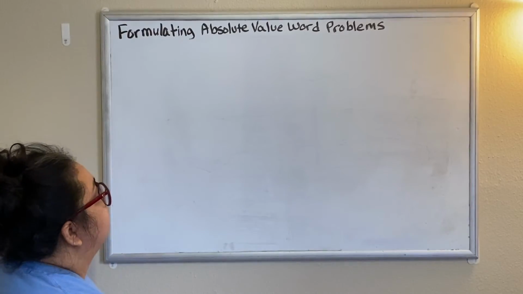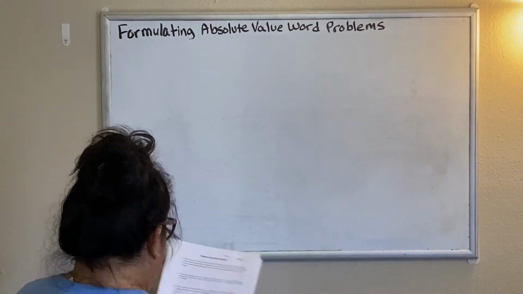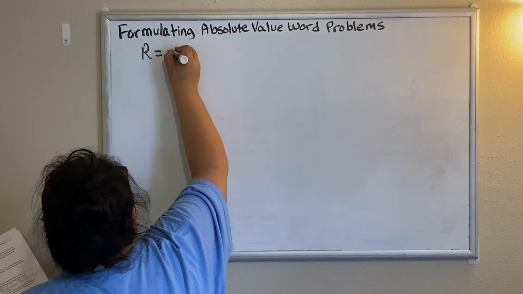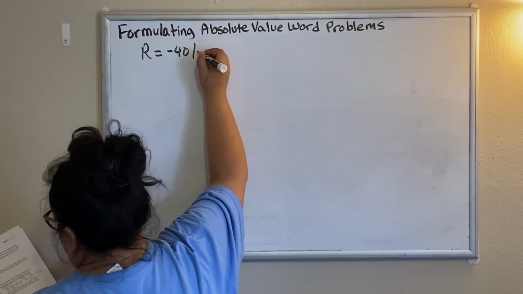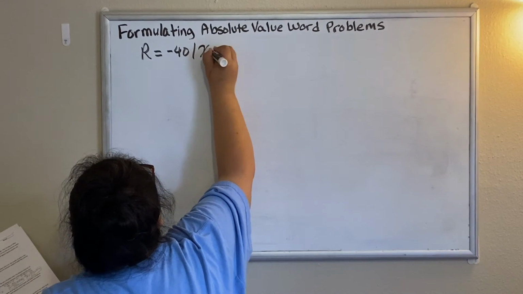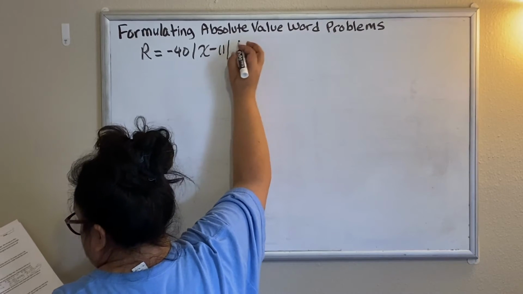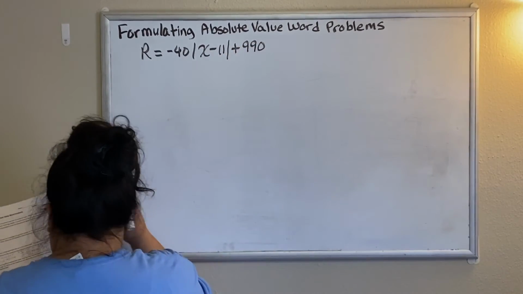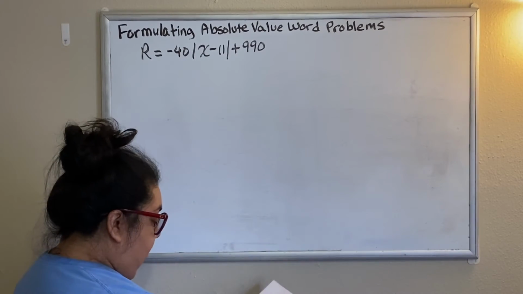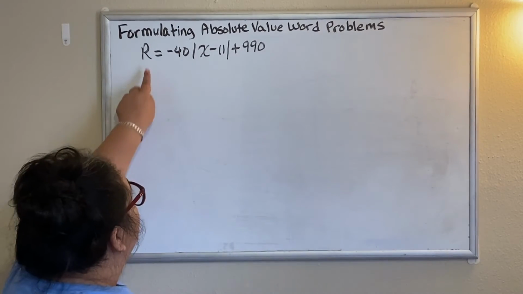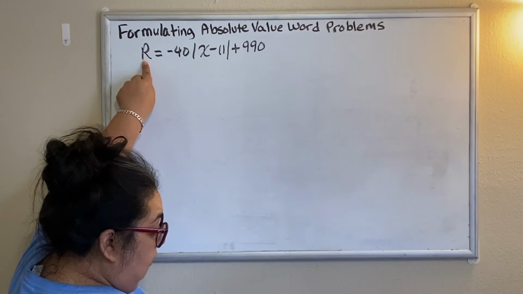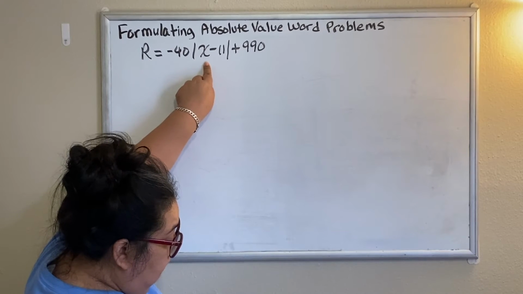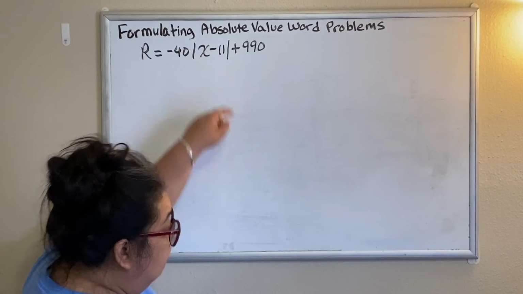Okay, so this gives us a formula. So let's write down that formula. We have R equals negative 40 times the absolute value of X minus 11 plus 990. Now, if we read carefully, it says R is the revenue in millions of dollars, and X is the number of years since January 1st, 1980.